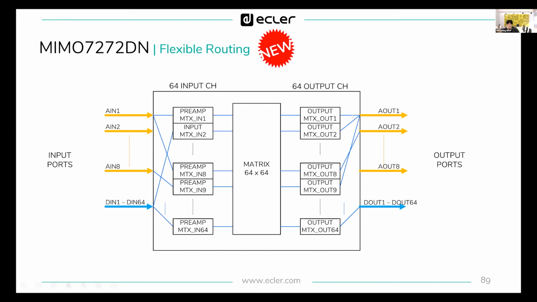So you can do whatever you want here. You can create several presets and scenarios, so this routing is changed whenever they are recalled. This is the flexible routing feature, which was introduced, I think, 2 versions of EclerNet Manager software ago, so it has been around since last year, I think.